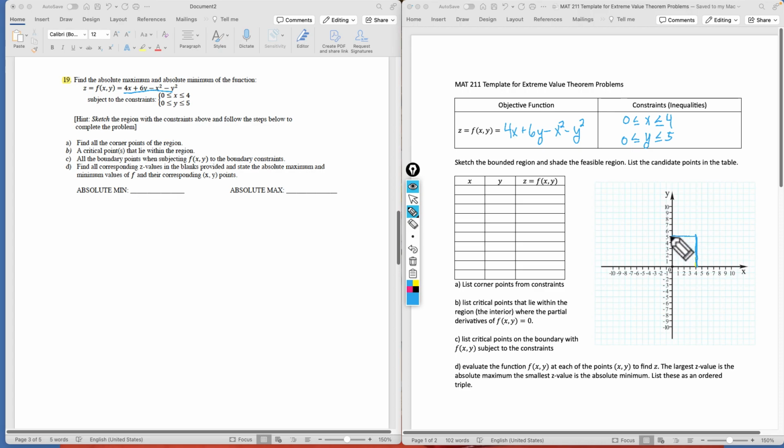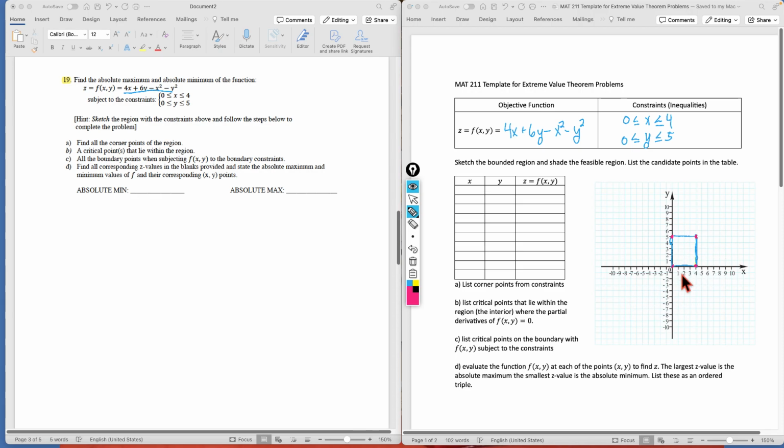We can just draw that on a graph, with a boundary here and a boundary there. Let me go with red for the corner points. That gives us corner points here and here, here and here.